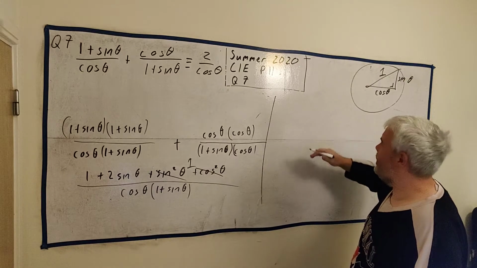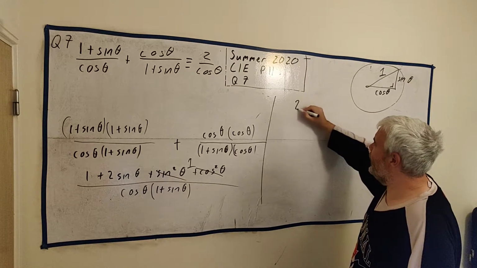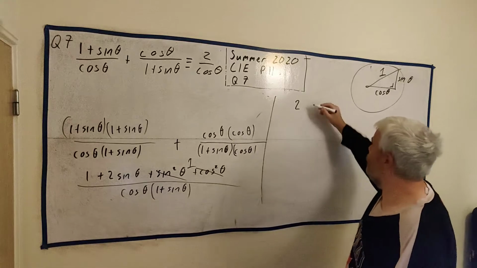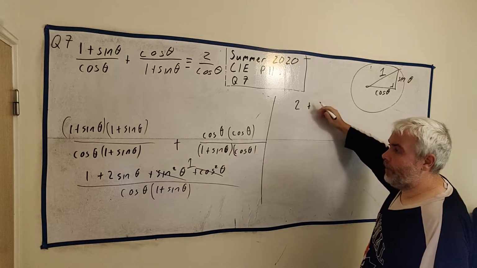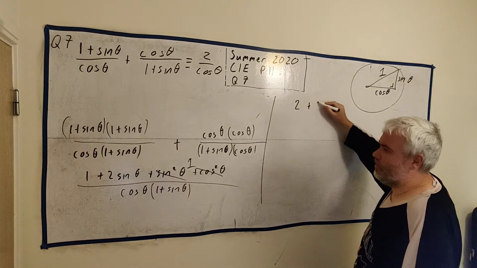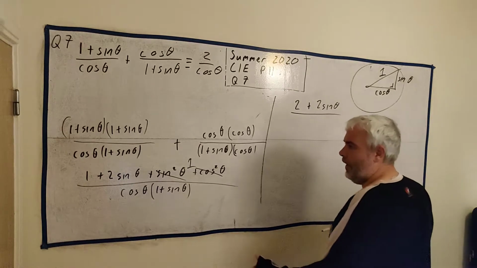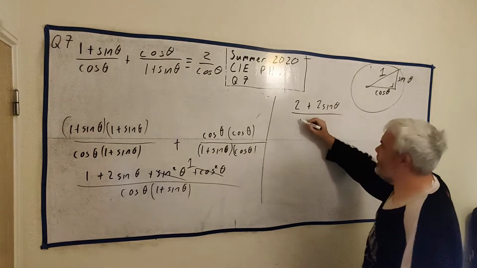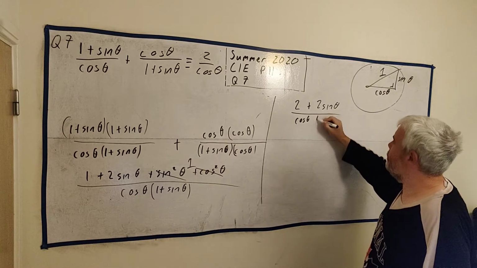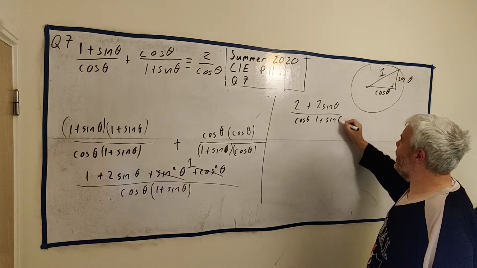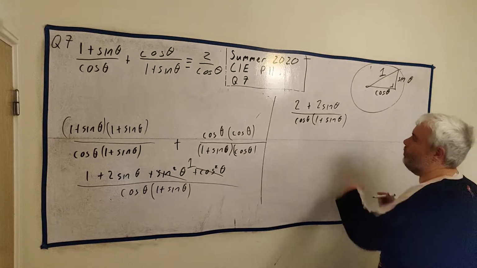Okay, so if we add this together, we'll clean this up, we get the top row is 1 plus 1 is 2 plus 2 sine theta. On the bottom row, we'll actually leave it like this, it'll make it easier, I've just noticed. Plus sine theta. Top row we can change.